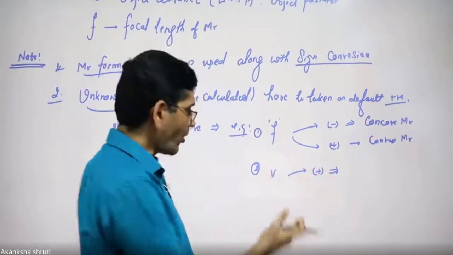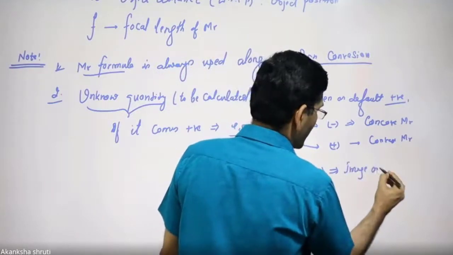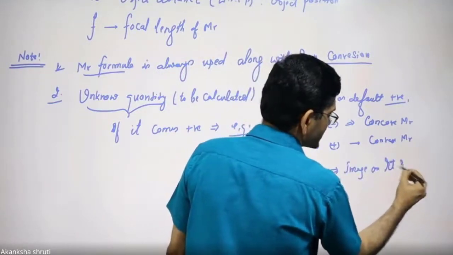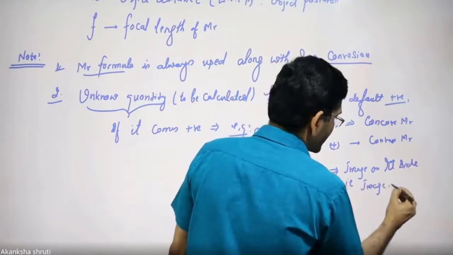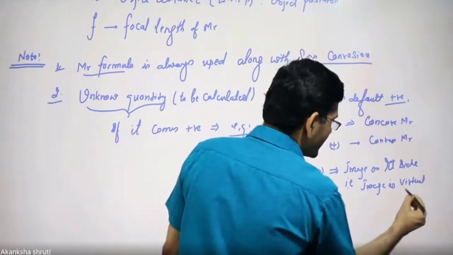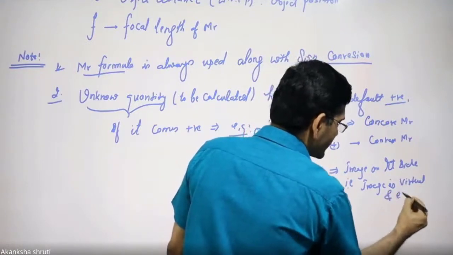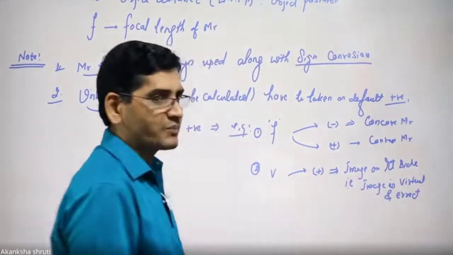Okay, so all these things can be predicted. So image on the right side of the mirror means the image is virtual. When the image is virtual, then it is also erect. Even in this case, you will get the height of the image as positive.